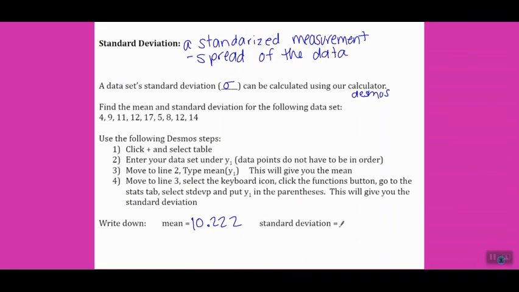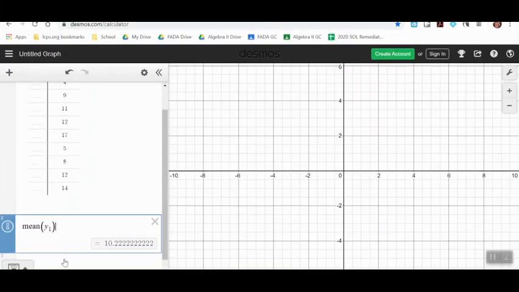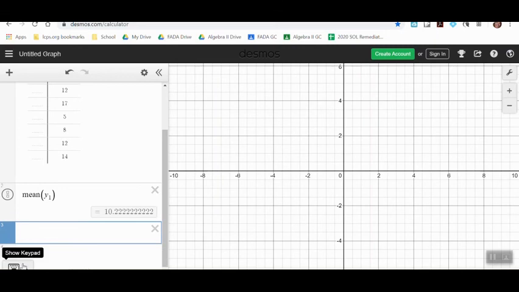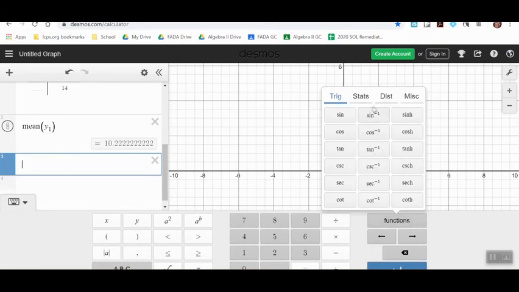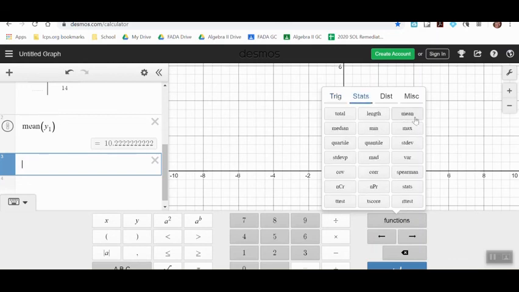Then to find the standard deviation, we're going to move to line 3. And we're going to click the keyboard icon. We're going to go over here to functions. We're going to choose the stats tab. Now this tab does have mean in it, which we could have clicked for finding the mean when we did it in line 2, but mean is pretty easy to remember and type. It's not a big deal.